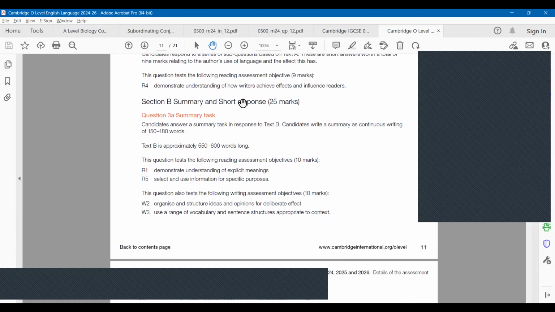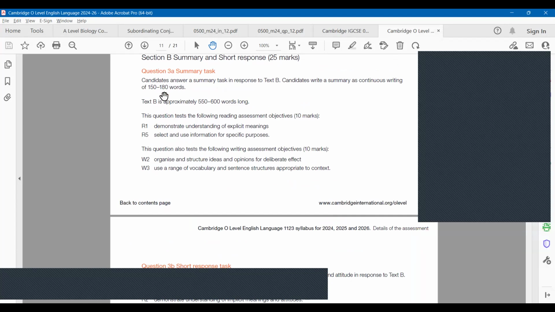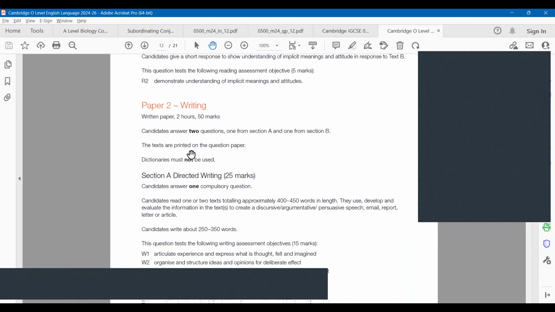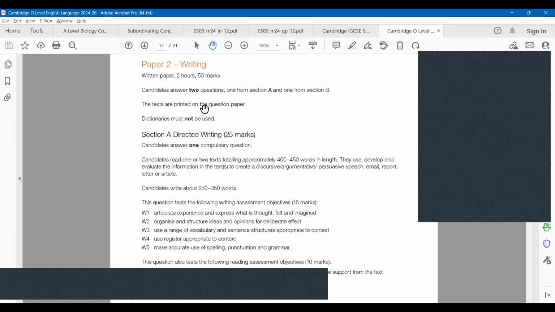The second one tests your understanding of how writers achieve effect. For the summary, they mention the reading and writing assessments that will be tested for part A and part B, and similarly for the writing paper.